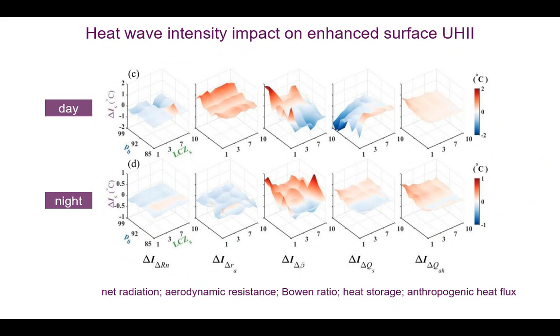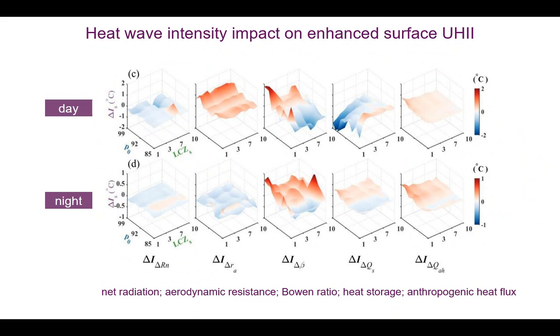For example, the heat storage may make a negative contribution in a very strong heat wave in some local climate zones, but the contribution becomes weaker as the local climate zone changes and as the intensity of heat wave events increases.